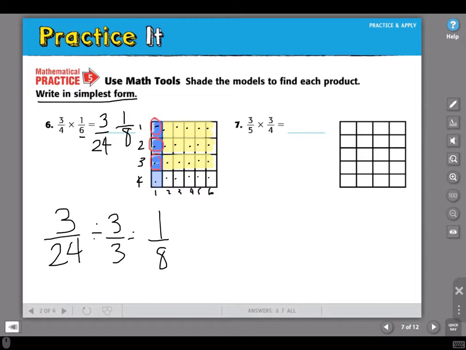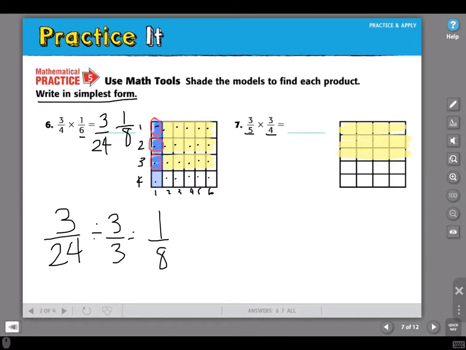Now let's try this next one over here. 3/5 times 3/4. Again, I have 5 rows. I have 4 columns. To represent 3/5, I am going to color in 1, 2, 3 fifths.